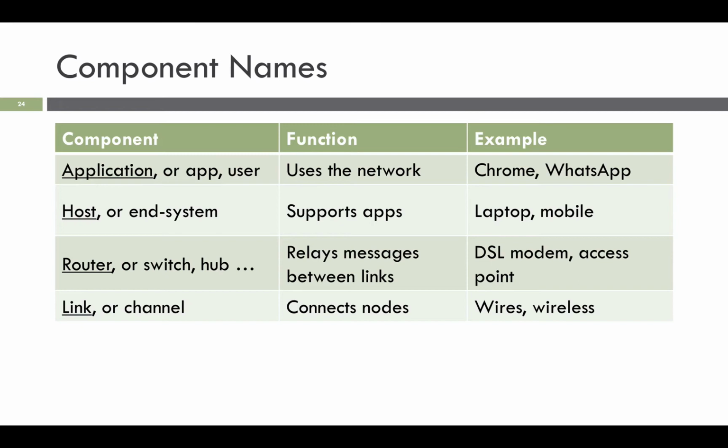Smartphones and laptops are examples of hosts. A router relays messages between links. Examples of routers are switches, access points, and modems. The purpose of a link or channel is to connect the various nodes or devices on the network.